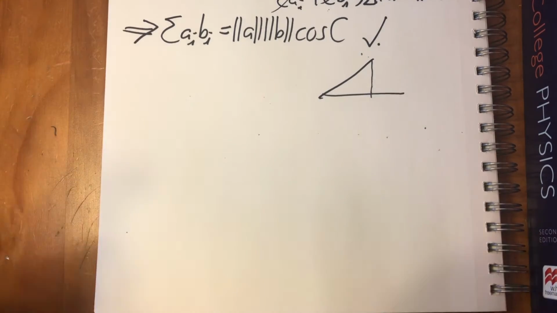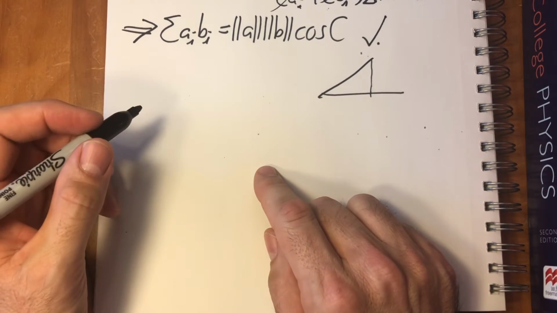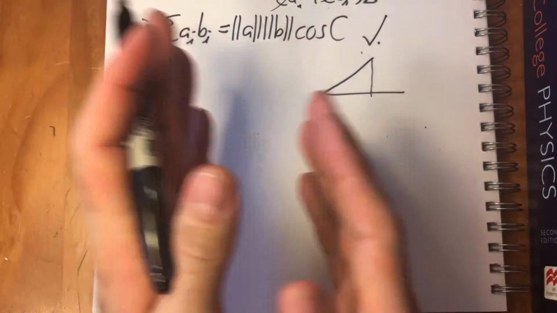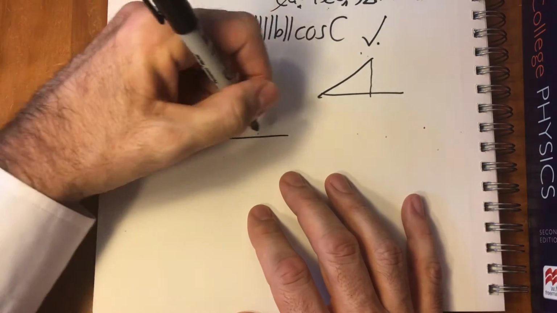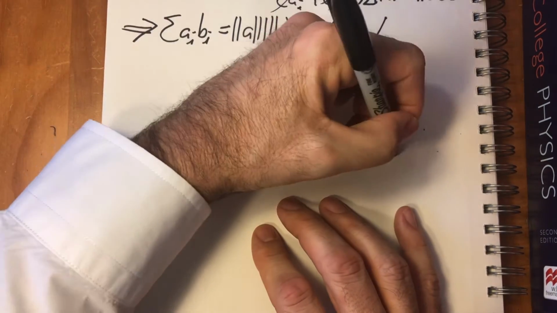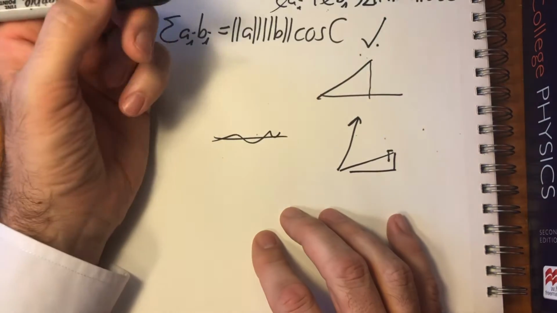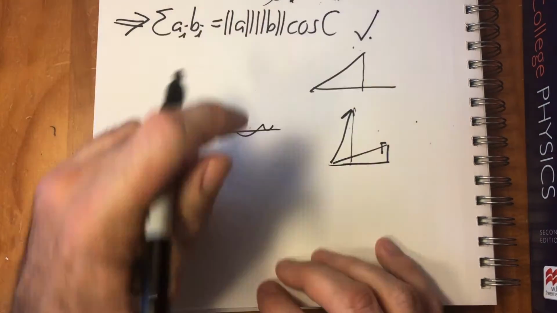So the next obvious question is, what if we multiply the differing components together? If we have two vectors, this one has these two components, this one has these two components.